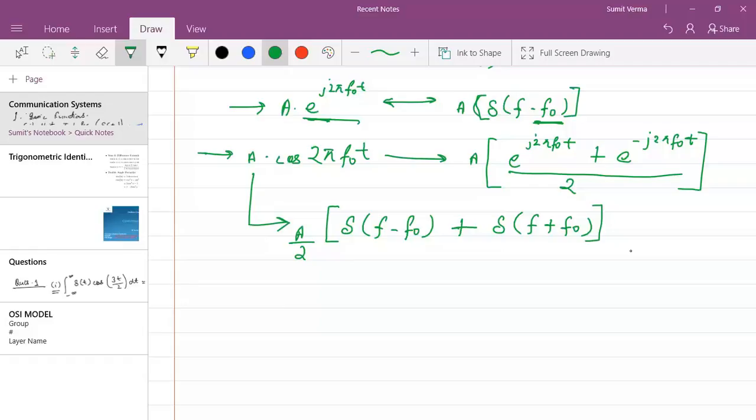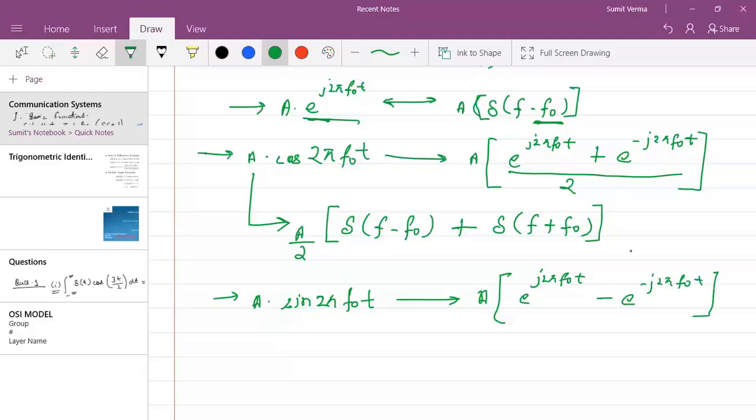Similarly, if I had sin 2 pi f naught t, no difference, we will use the same thing, because we know that sine can be defined as the difference of those two exponentials. Instead of the sum, we take the difference here. So it becomes e to the power j 2 pi f naught t minus e to the power minus j 2 pi f naught t, divided by 2j.